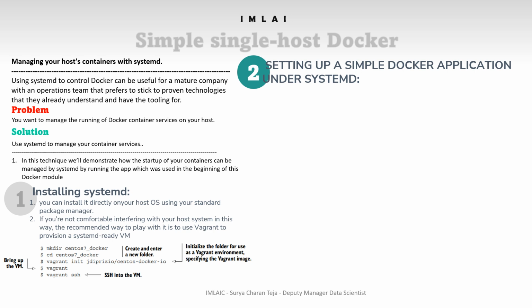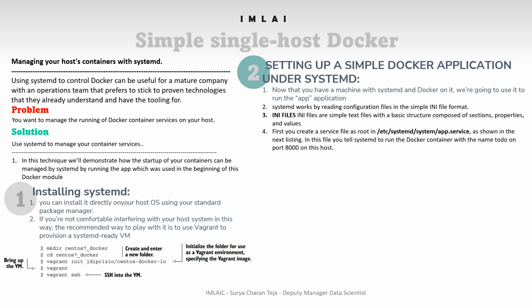First, we will create a service file as root in /etc/systemd/system/app.service, as shown on your screen. Then we will run the Docker container with the name on port 8000 on this host.